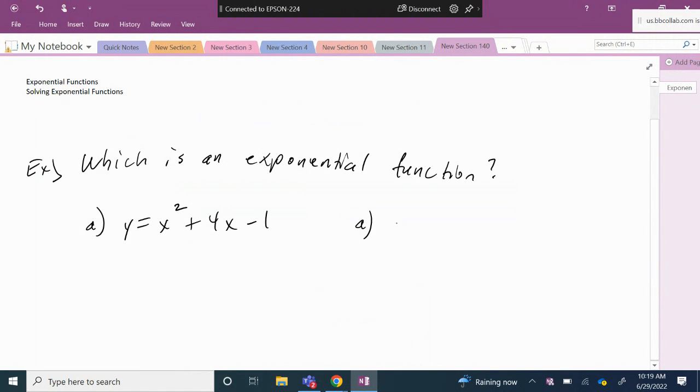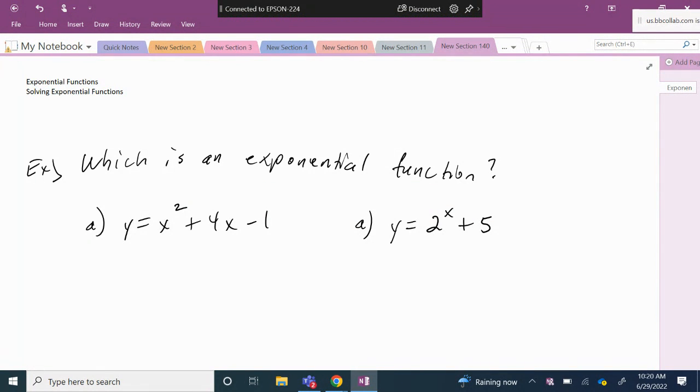And let's say we have b, y is equal to 2 raised to the x plus 5.